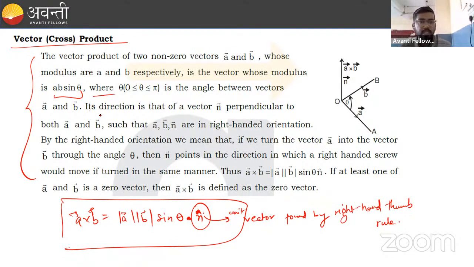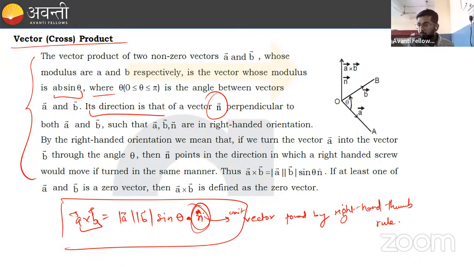So its direction is that of the vector n cap. The resultant of A bar cross B bar is in the direction of n cap. Wherever my thumb is pointing in this thumb action, you find a unit vector and you get that n cap, perpendicular to both A bar and B bar.